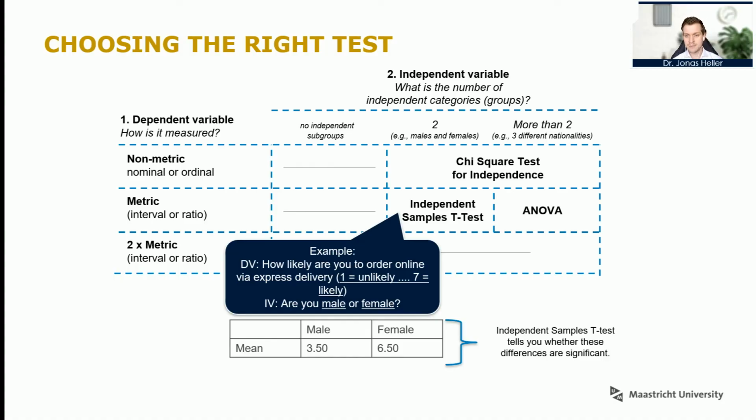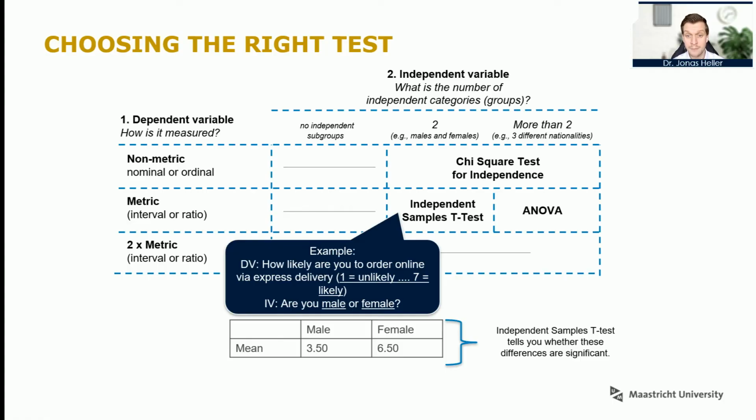So the independent sample t-test is a test that will tell us whether the differences in the two groups, males and females, for the dependent variable that's measured on a metric scale are significantly different. So in this example, you see that the females have an average of 6.5 and the males of 3.5.